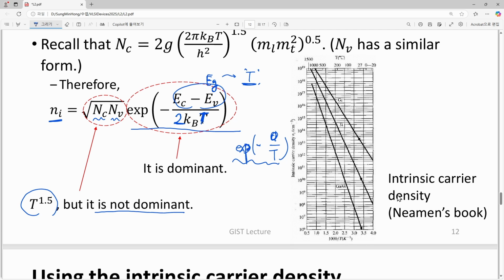So intrinsic carrier density is quite a sensitive function of temperature.